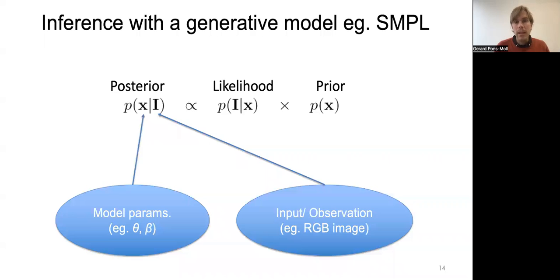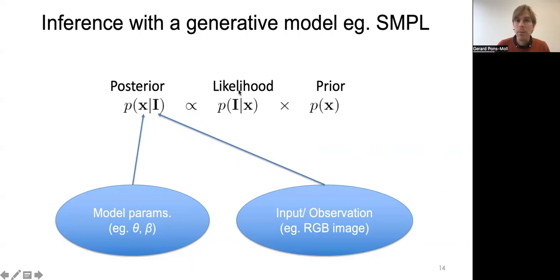So a few years back, let's say about 10 years back when I started my PhD, people were formulating this probabilistically. They posed the problem as MAP inference, or estimating the maximum a posteriori of the model parameters, in this case theta and beta, given the image evidence. This is the input observation, for example, an RGB image.